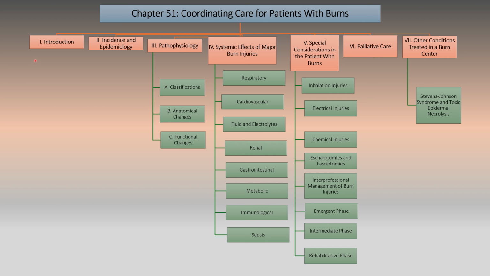So this chapter has introduction, incidence and epidemiology, pathophysiology, systemic effects of major burn injuries, special considerations in patients with burns, palliative care, and other conditions treated in a burn center.